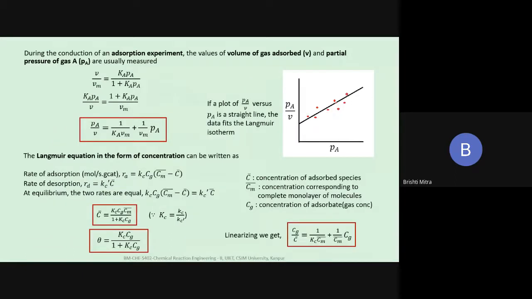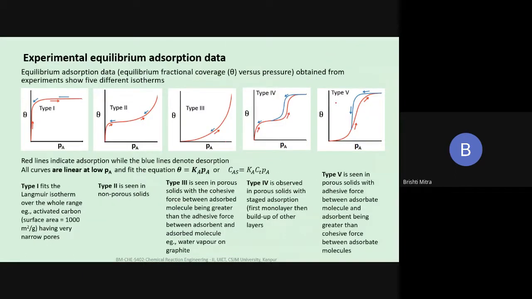Now let us look at what happens to the experimental data. If I carry out experiments and measure the surface coverage, which is theta versus partial pressure, then instead of getting only one type of graph, I actually end up getting 5 types. These are the 5 possibilities. This is one, called type 1.